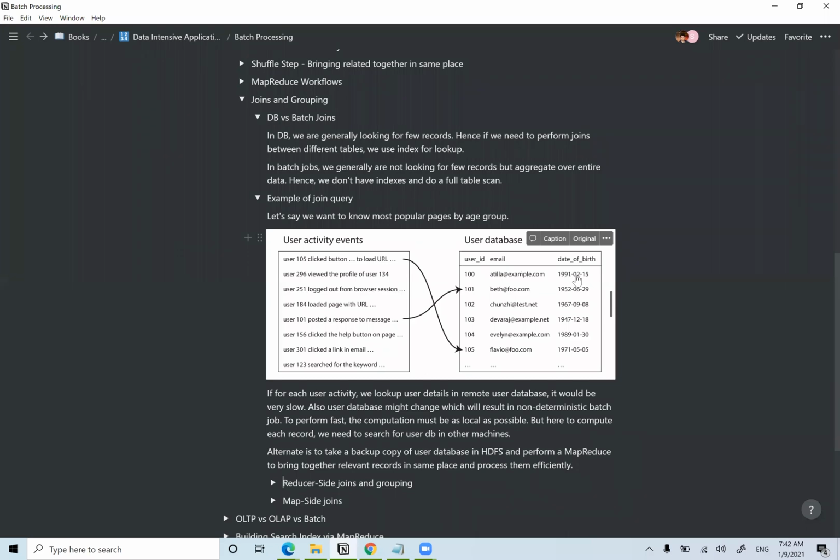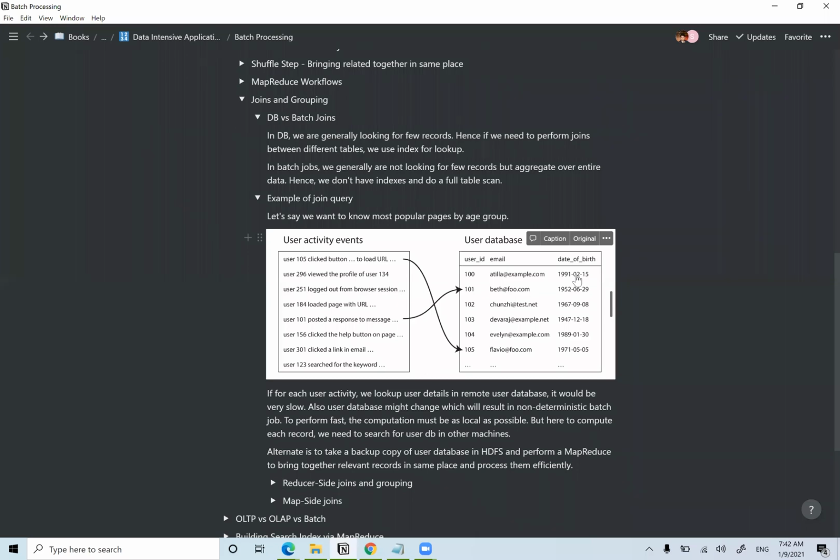A typical batch job would be: I want to find out by age group what activities are performed, and analyze that data. In this case, I have to join the entire data set. I'm not looking for a particular user or a particular record.